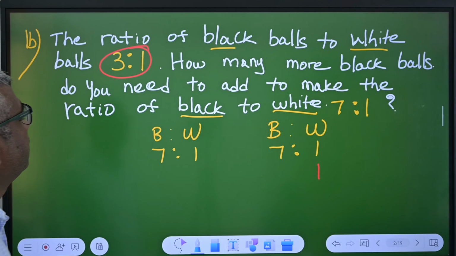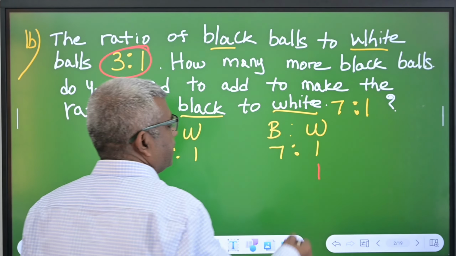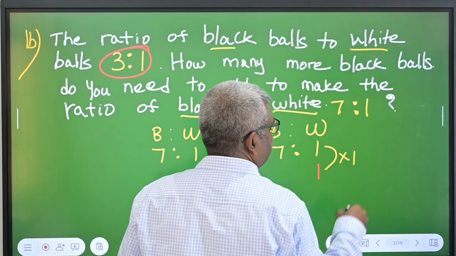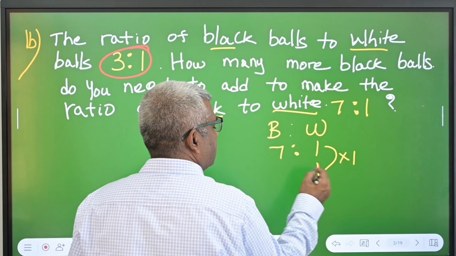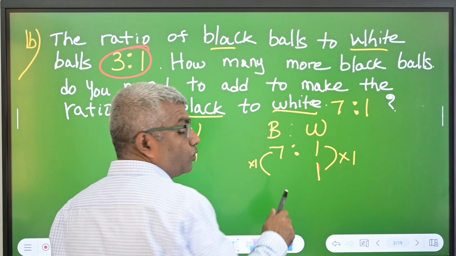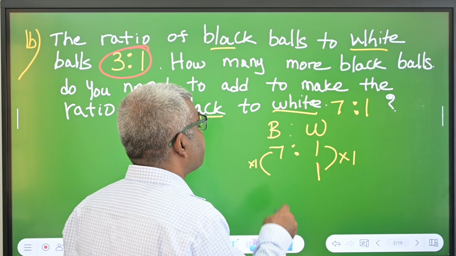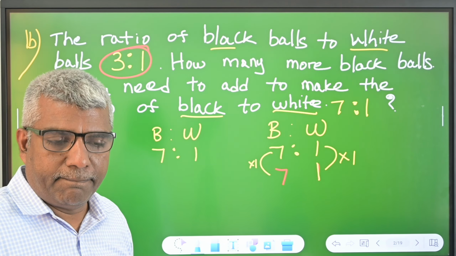Why? Because white balls are not disturbed, black balls are disturbed. So here 1 times 1 only. So here also 1, also 7 you can say. Clear?